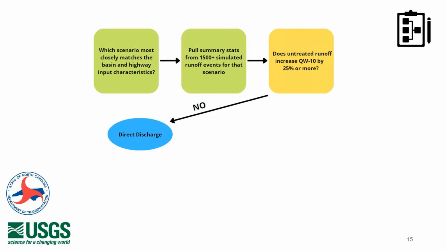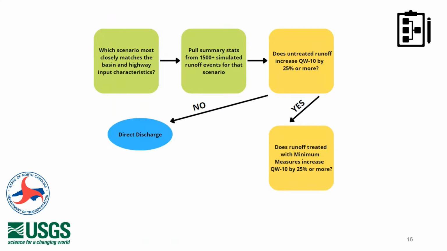So every scenario is going to tell you some percent increase, but a lot of those percent increases are not substantial. We arrived at 25% as a substantial change based on those conversations with the regulator. So if it's less than 25% in that conservative example of the 10th percentile worst, we say that direct discharge might be okay in that scenario.